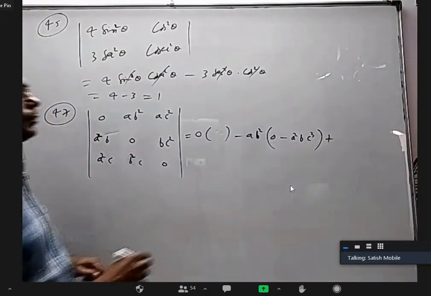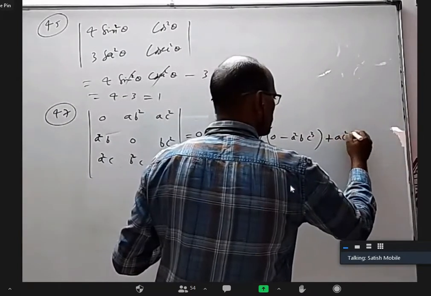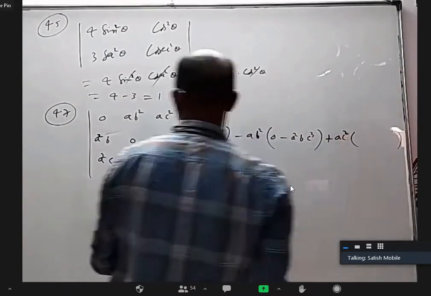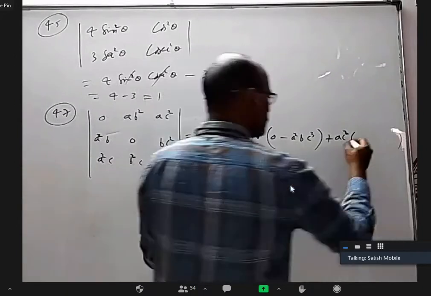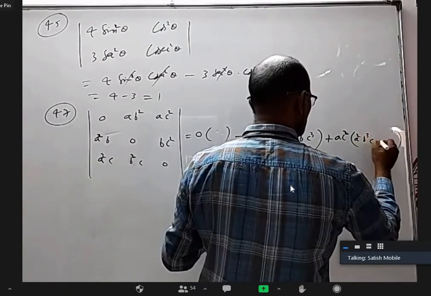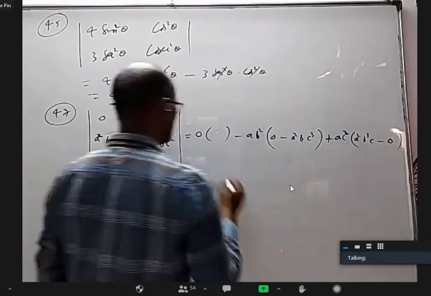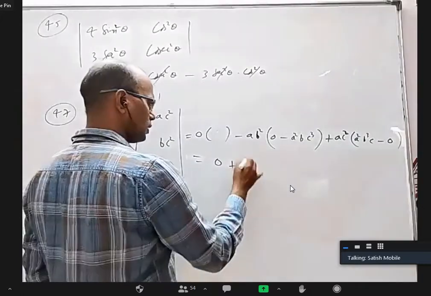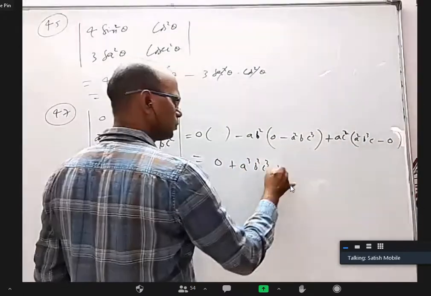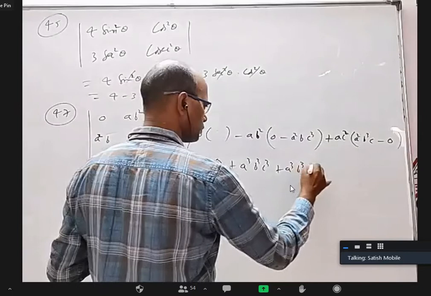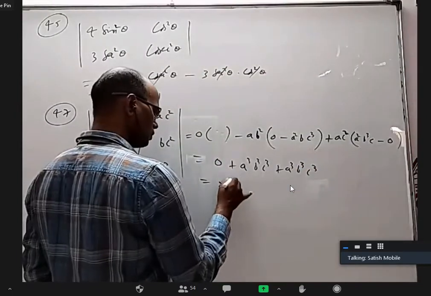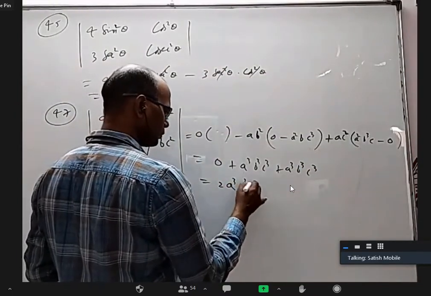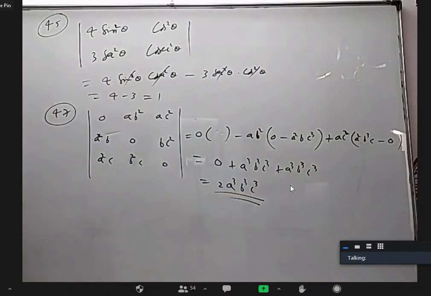Next, this one, A C square into this, is A square B cube C, minus 0. 0, A cube B cube C cube plus A cube B cube C cube, which is 2A cube B cube C cube. Okay, just expanding the determinant, no properties are necessary here.